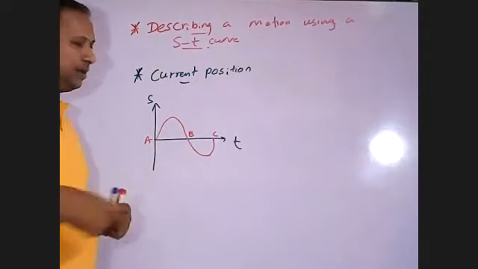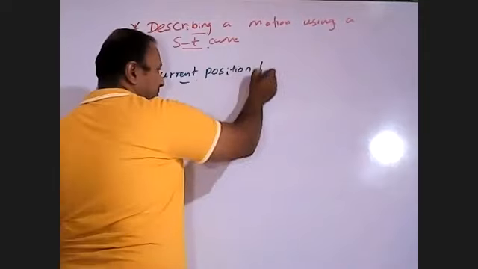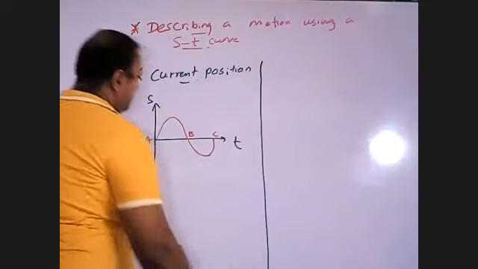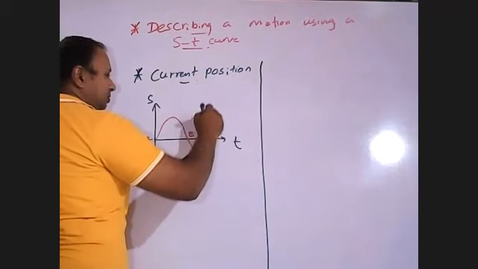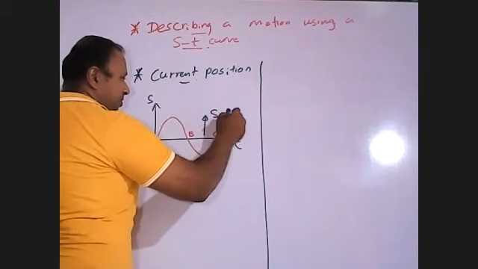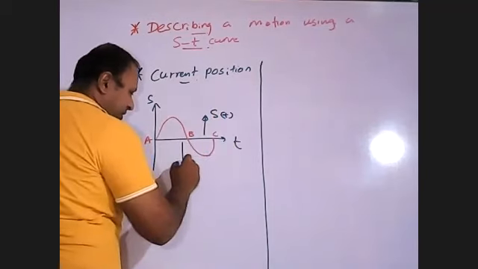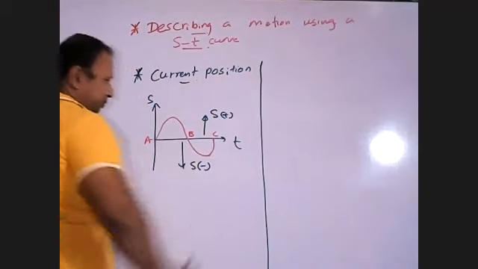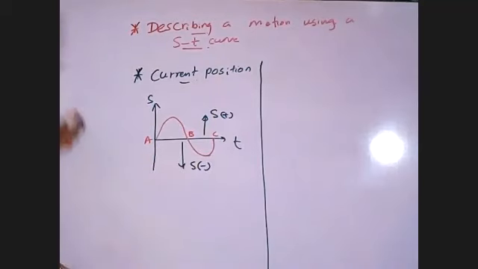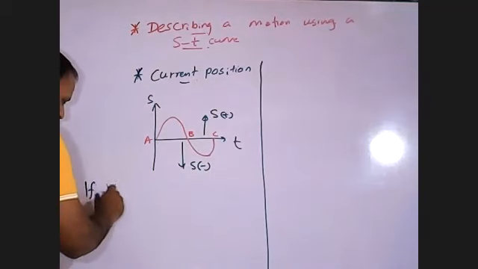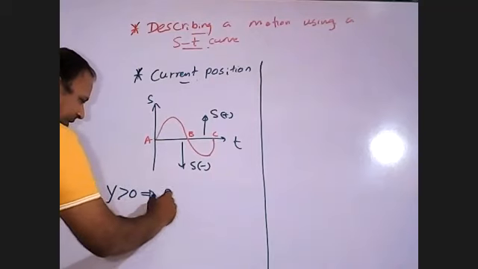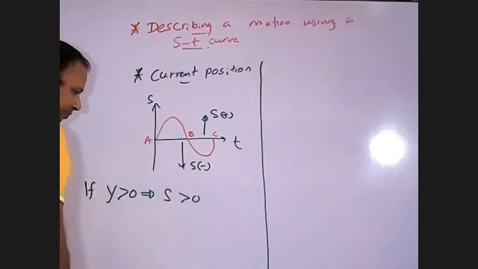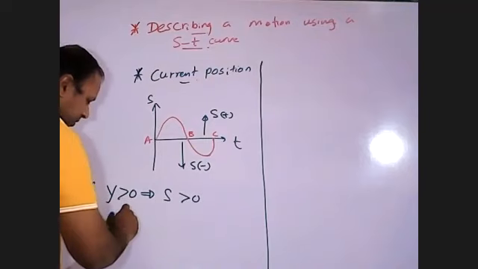Suppose here it is positive, and here it is negative. If y is already positive, that means S is positive.